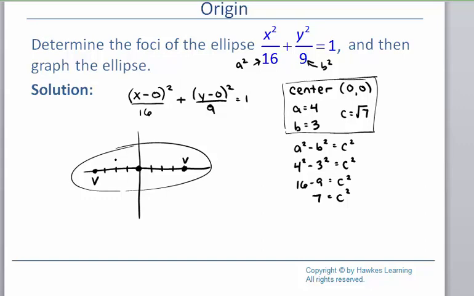All right, so we know right now, and I'll fix my picture in just a minute, that my vertex points are going to be the points (4, 0) and (-4, 0).